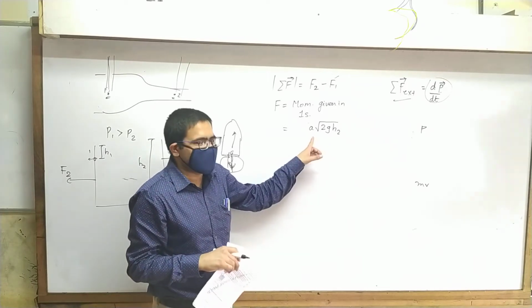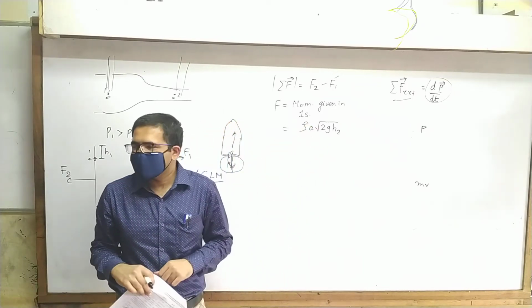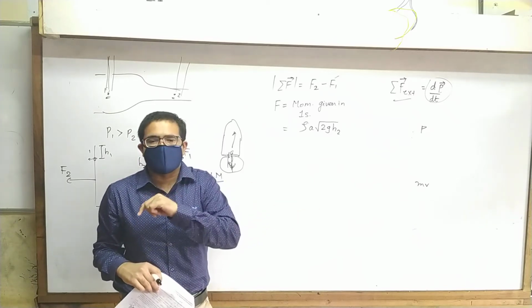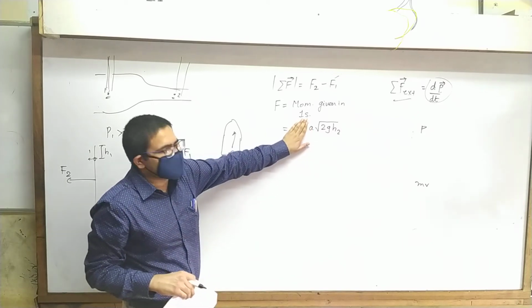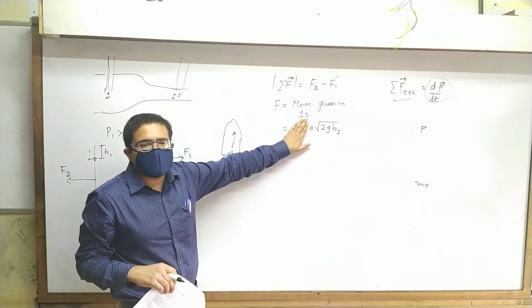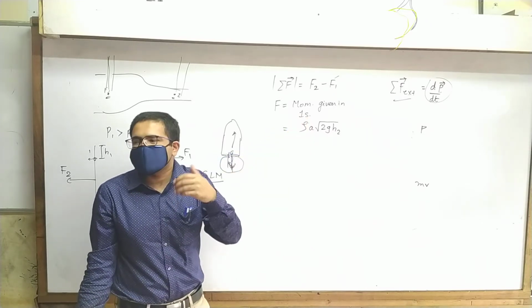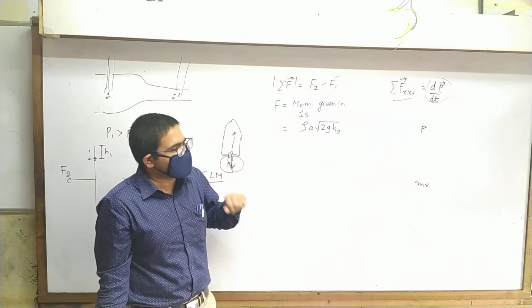If I multiply density, what have I got? Mass flowing out per unit time. Who understood that sentence? If I only write this, it is volume flowing out per unit time. If I multiply that volume with density, I get mass flowing out per unit time. See, why are we doing per unit time, per unit time, per unit time?